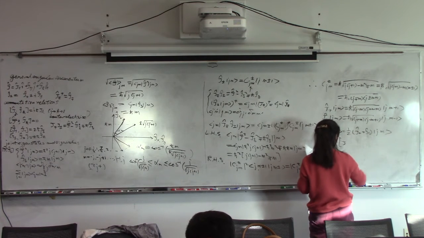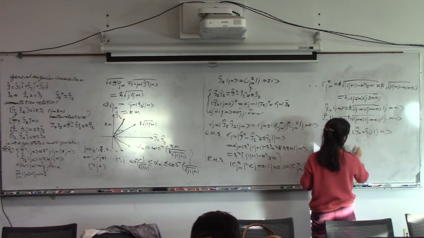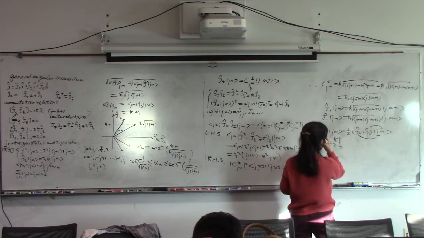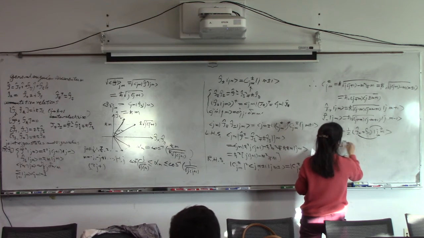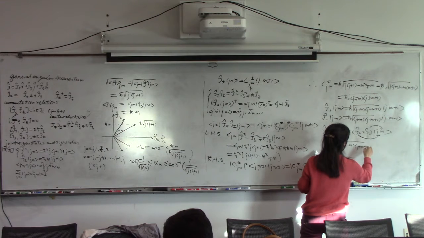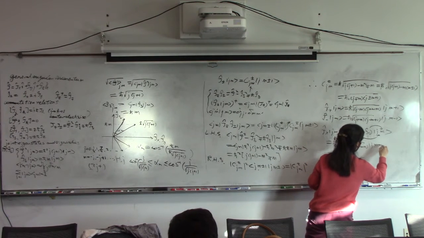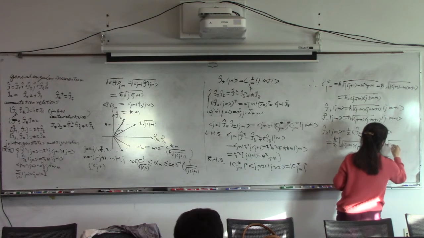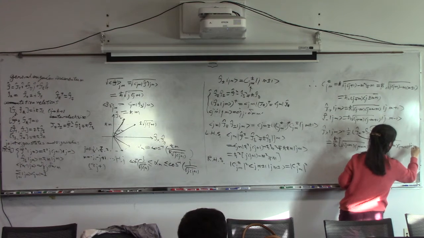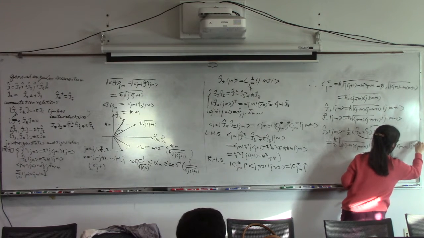I just immediately write down this result since you know this one, right? So that is these two terms. So that is square root J minus M, J plus M plus 1, J M plus 1, plus J minus M, plus M, J minus M plus 1, J M minus 1.